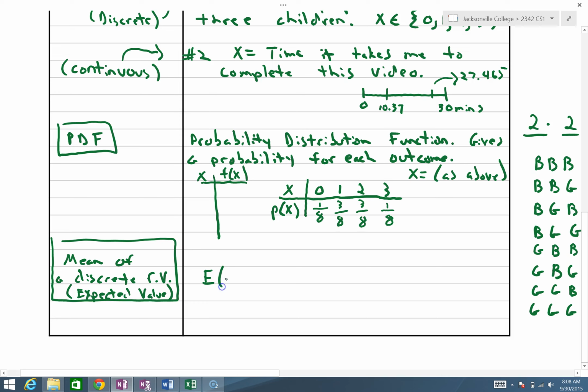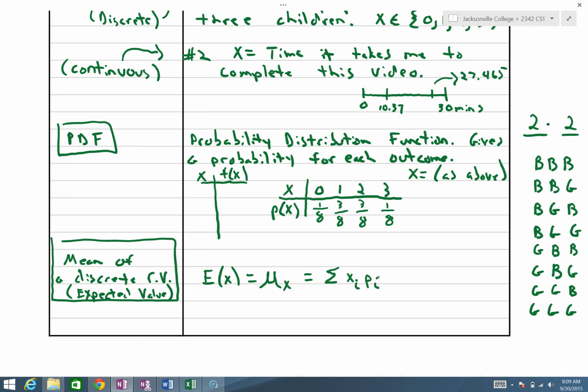Sometimes you'll see it written as E of x, the expected value of this random variable x. Frequently you will see it as mu. This is our symbol for the population mean, mu of x, the average of our random variable x. Well, this is simply going to be equal to the sum of each one of our x's, x sub i, times the probability associated with that. Okay. Now this looks a little bit crazy, but when you see this example, it's going to make perfect sense.